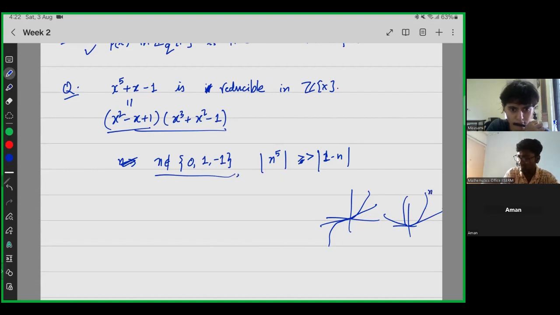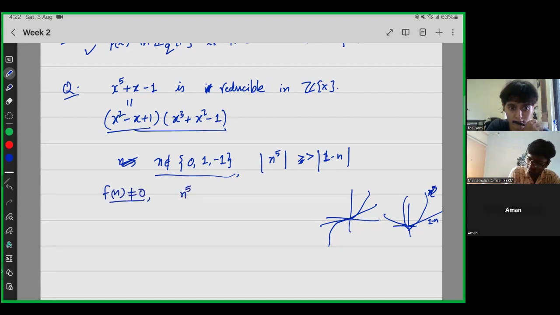Okay, this is the x^5 graph, and this is 1 minus n or n minus 1. At 0, it is minus 1. So f(n) is not 0. Why?